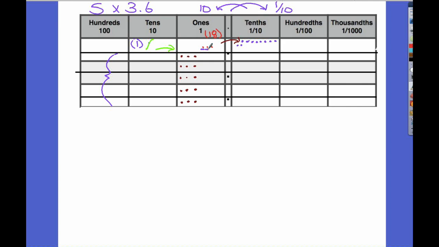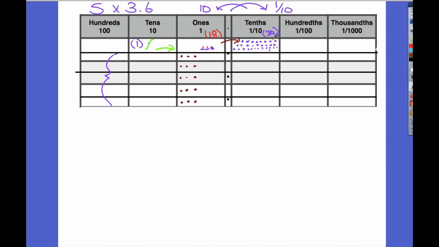The second one equals 10. And the third one equals? Leaving me with a total of 30 in that section, right?